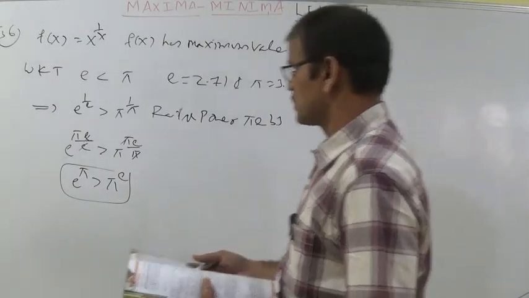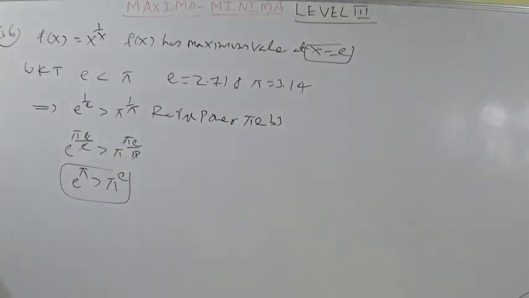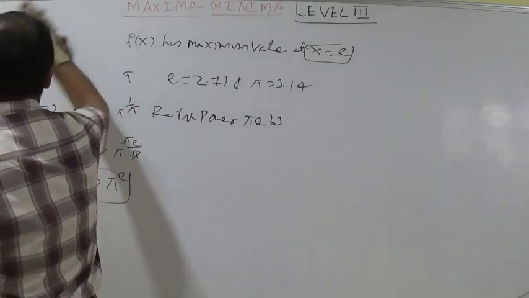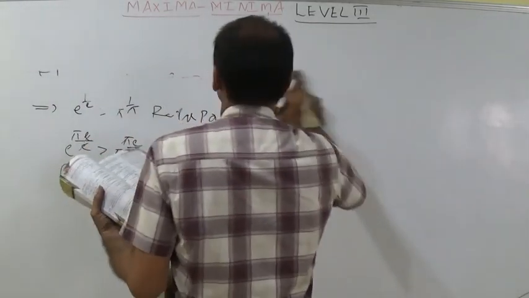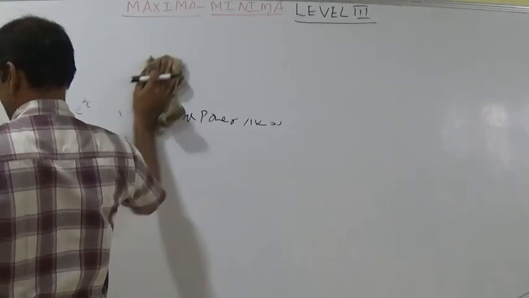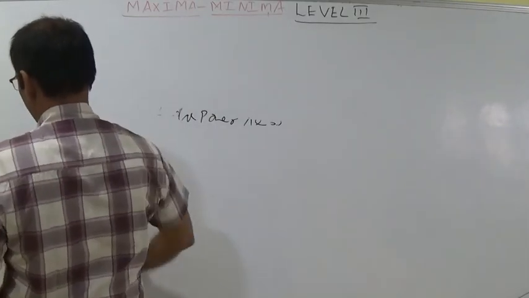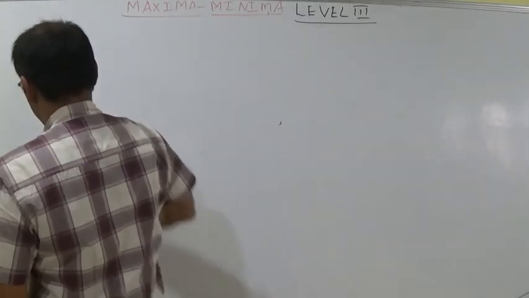Let us discuss the 37th question. a comma b greater than 0, then the minimum value of y is equal to b square by a minus x plus a square by x.